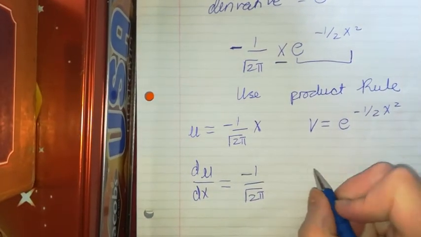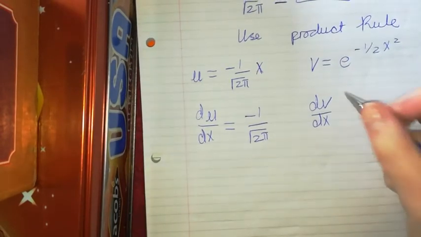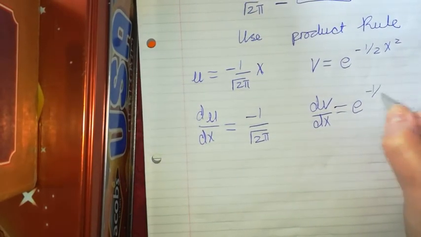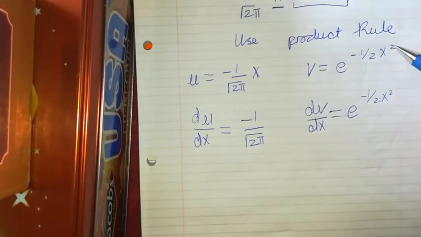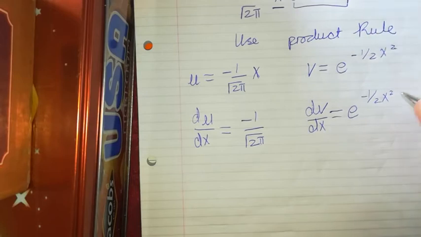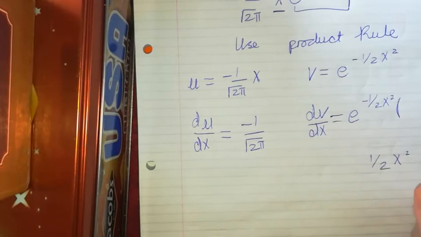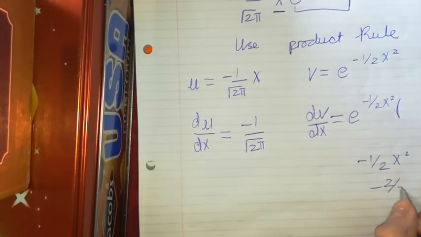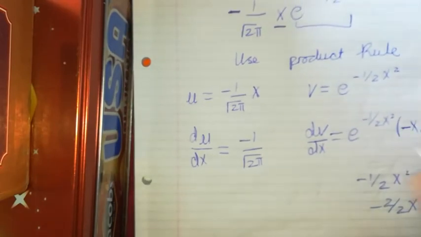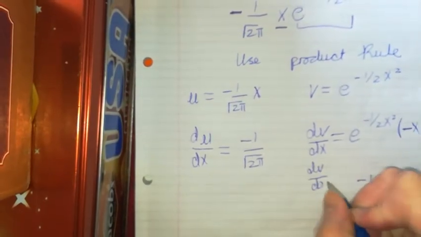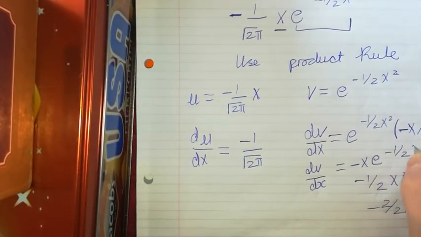And then dv dx is going to be the same as the last time. The e is still going to have the same power, but it's going to be multiplied by the derivative of this. The derivative of that we already got was minus x. So if we had minus a half x squared, the 2 will come in, so it'll be minus 2 over 2x, so minus x. So dv dx is equal to minus x e to the power of minus a half x squared.